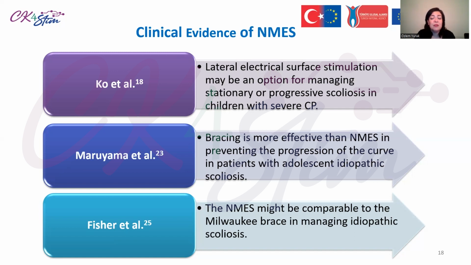Evaluations were performed at 6-month intervals with radiographs and examinations. No significant differences were found in the rates of curve progression or failure. They said that electrical stimulation might be comparable to the Milwaukee brace in managing idiopathic scoliosis.